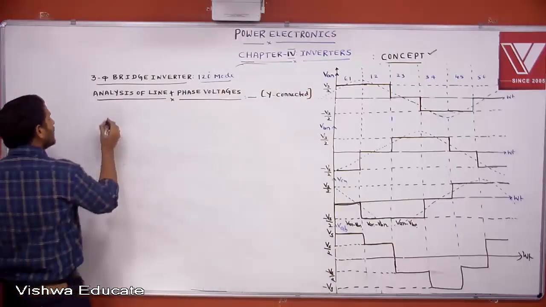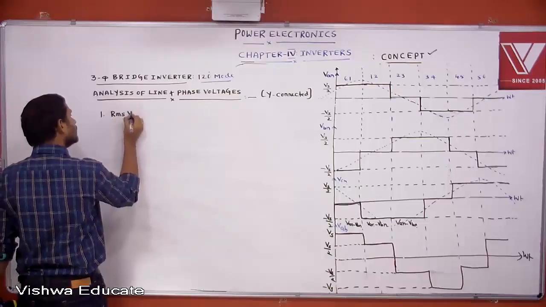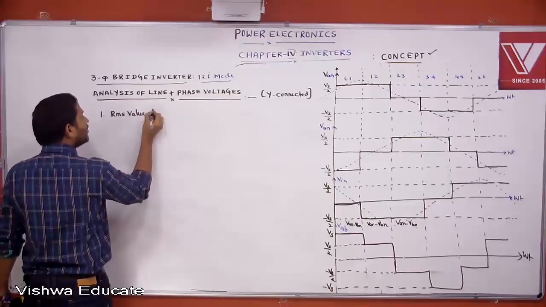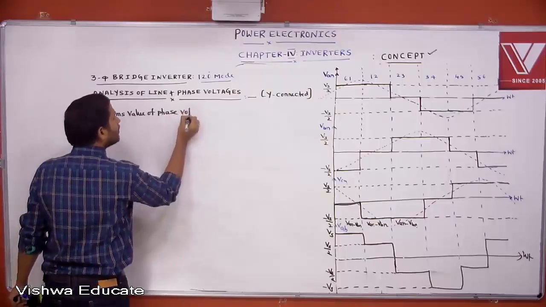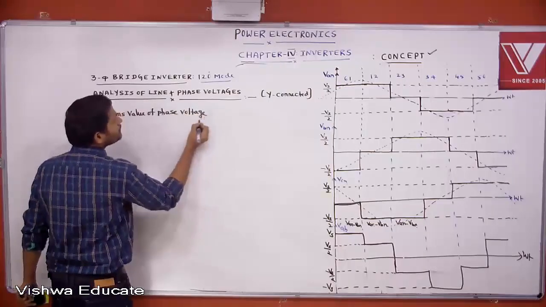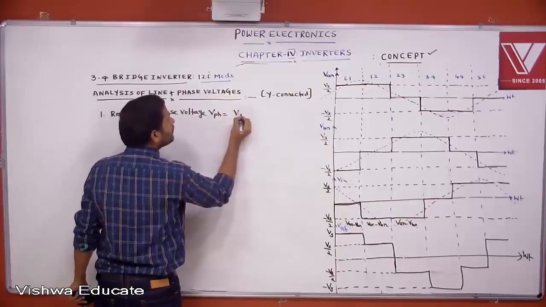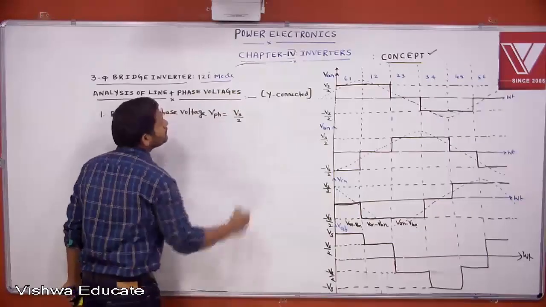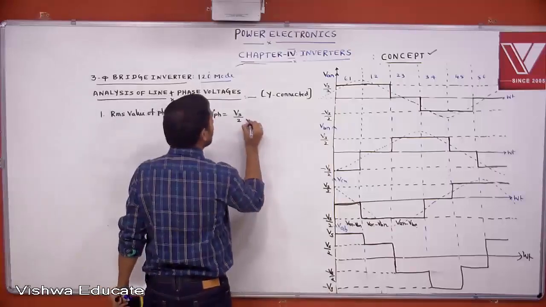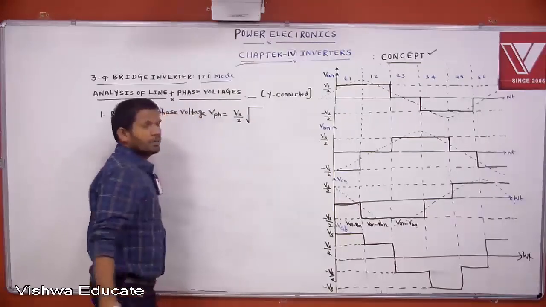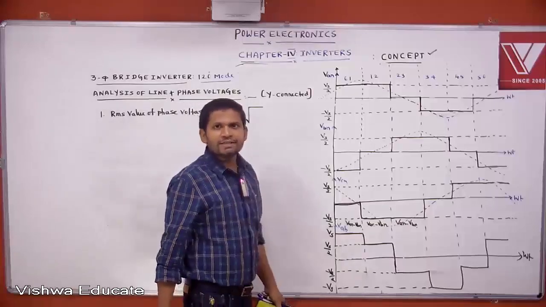Tell me, what is the RMS value of phase voltage? V phase equals, what is the amplitude? Vs by 2, square root of. How much angle does the phase voltage exist in one cycle?